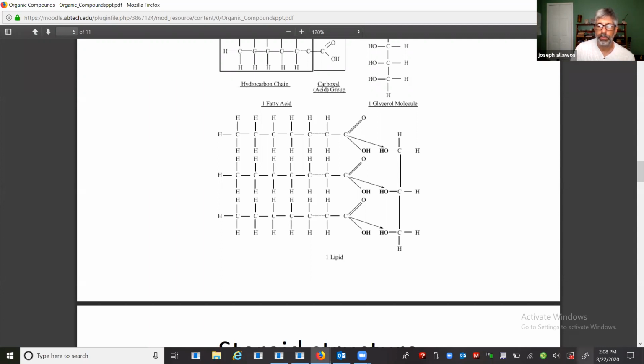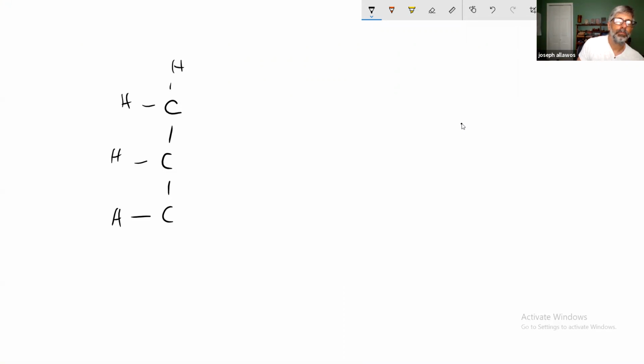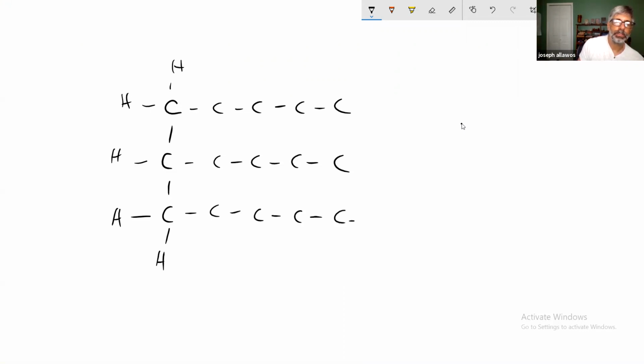So let me get a fresh screen, and I'm going to draw this out for you one time. What you're dealing with when you're dealing with a lipid is you have the glycerol. And then you have these carbon to carbon bonds, like this.